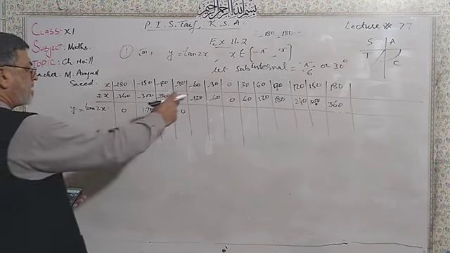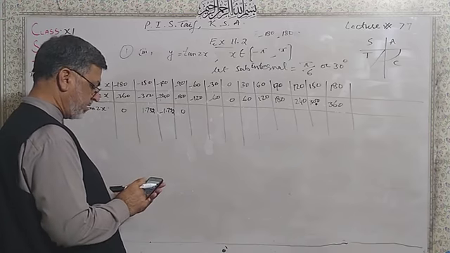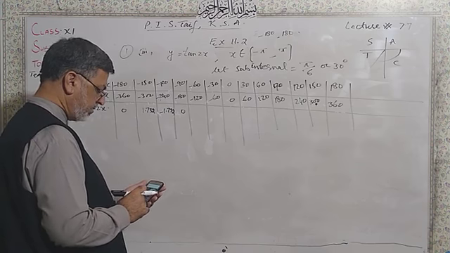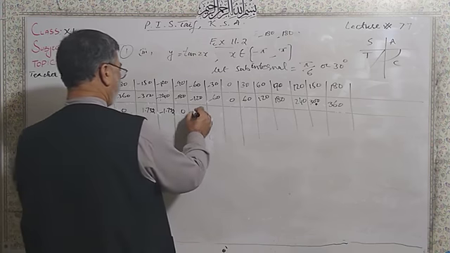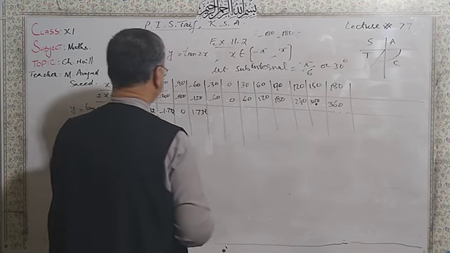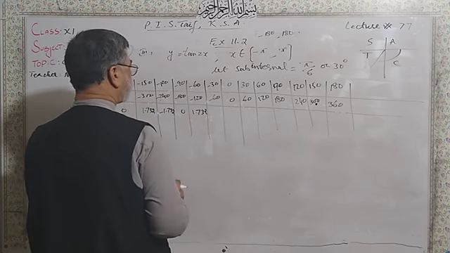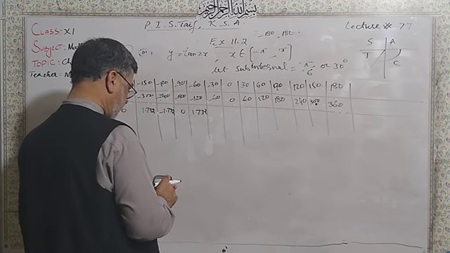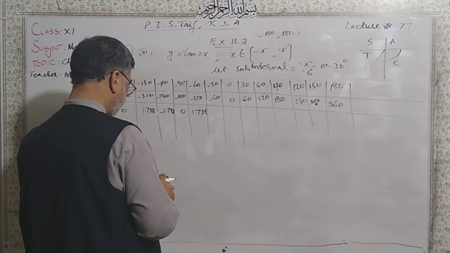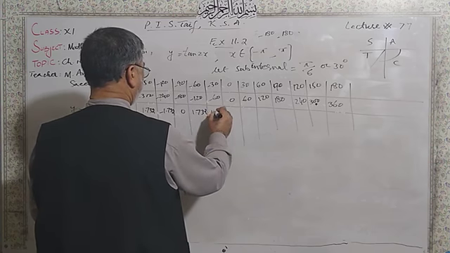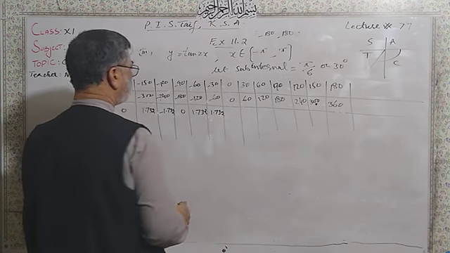Then tangent minus 120, 1.732. And here is tangent minus 60, this will be 1.732.